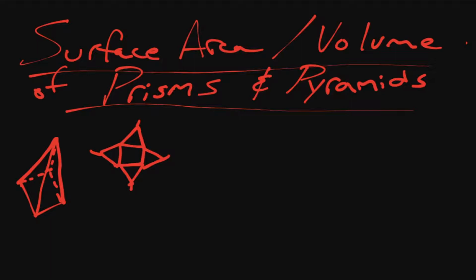So when we talk about the surface area, it's fairly simple. You have the area of the base, and then you add the area of each triangle, but there's four of them, so we're going to do four times a triangle.